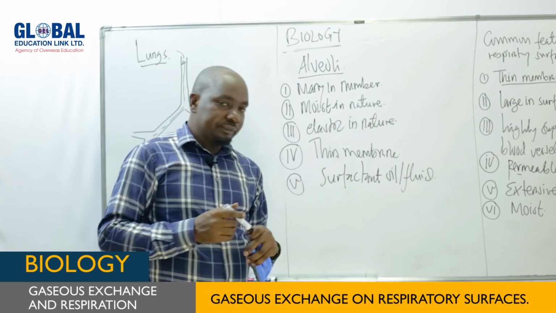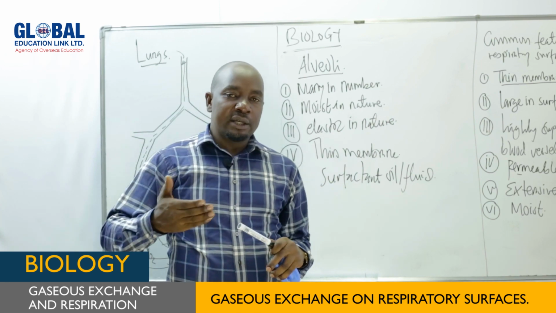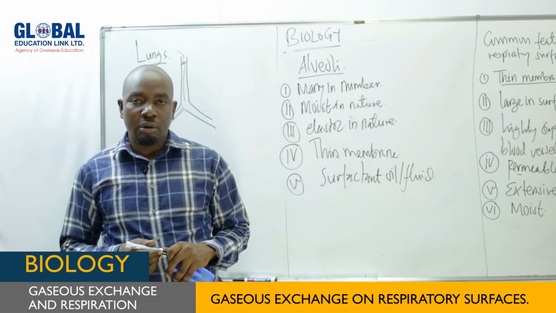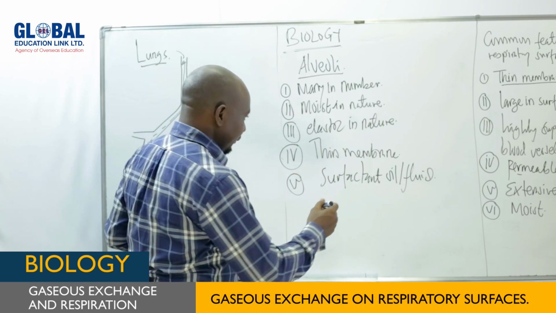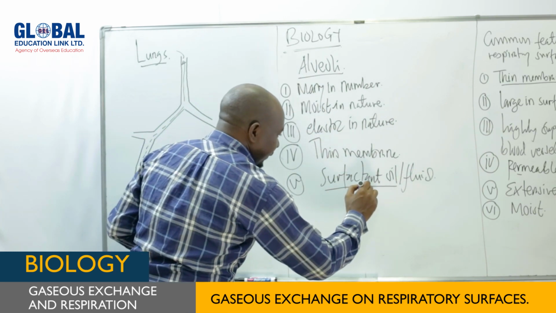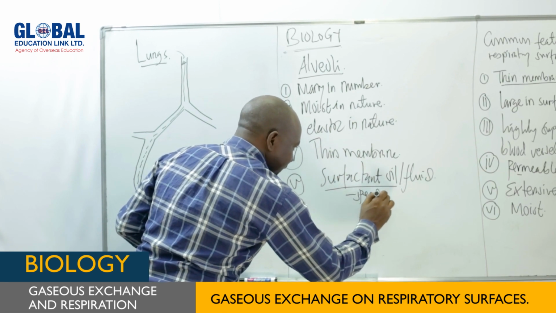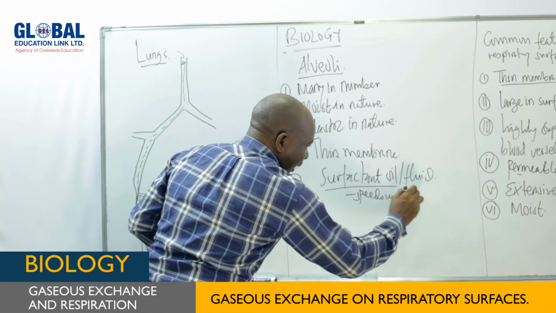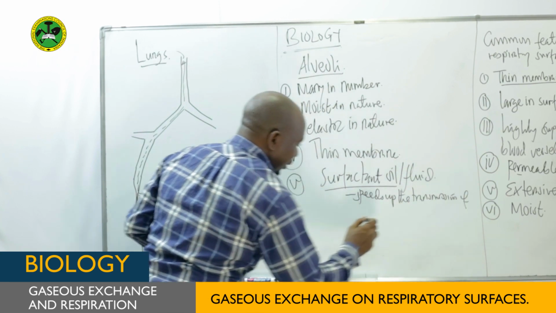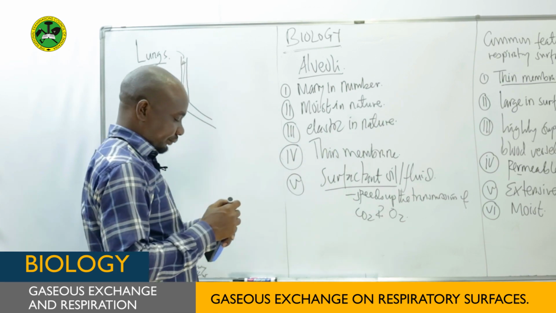This fluid facilitates easy transmission of carbon dioxide and oxygen. The advantage of this fluid, secreted by the pneumocyte type 2, is that it speeds up the transmission of carbon dioxide and oxygen.